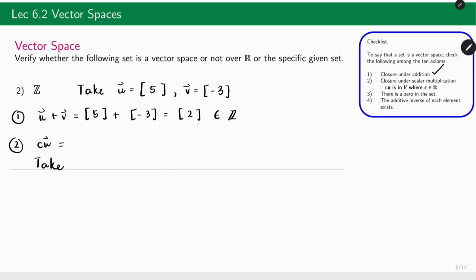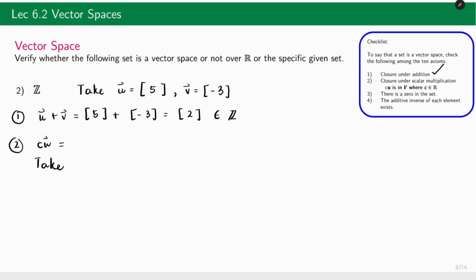Take note that C here is any real number, meaning to say it may assume a number that has decimals or it may assume fractional numbers. Take note that in proving vector spaces, it's best to use your intuition to disprove that this is a vector space.